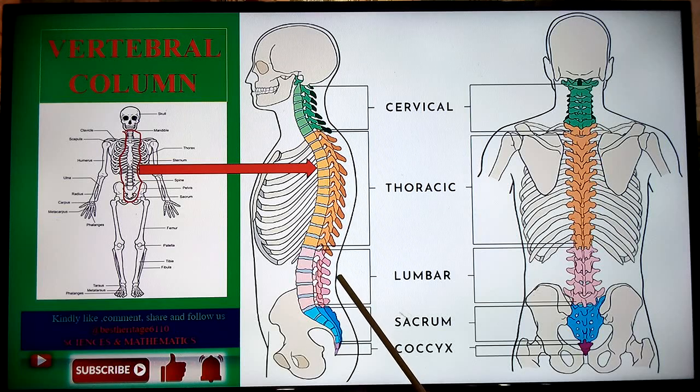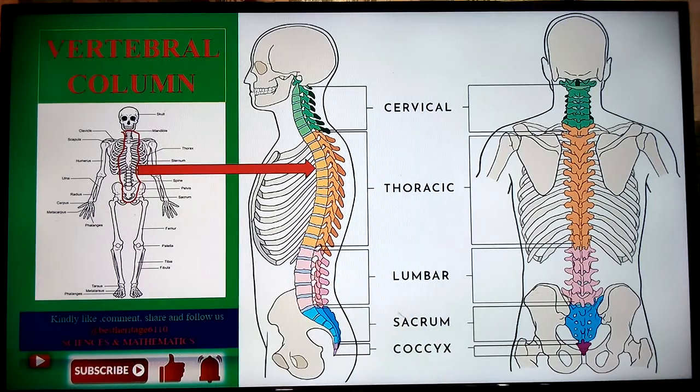Now this particular part is a dorsal projection in relation to the centrum, which is going to offer surface area for muscle attachment in this particular case.